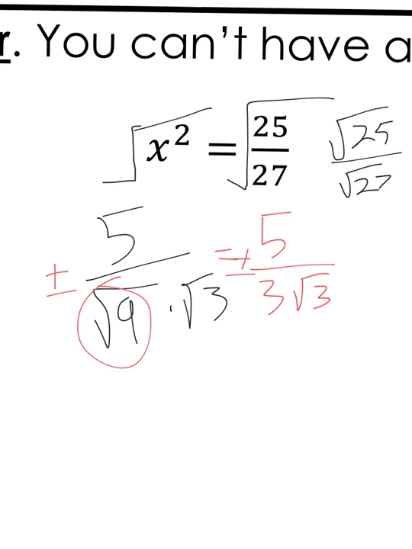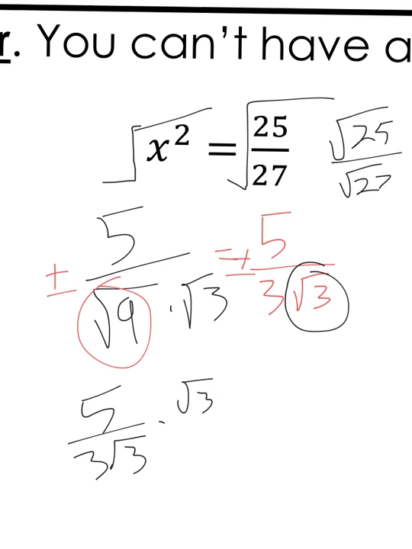Okay, so now I need to rationalize that denominator. So again, rationalizing it means find a way to get rid of that square root number. So I have the square root of 3, so I'm going to say 5 over 3 square root of 3 times the square root of 3 over the square root of 3.